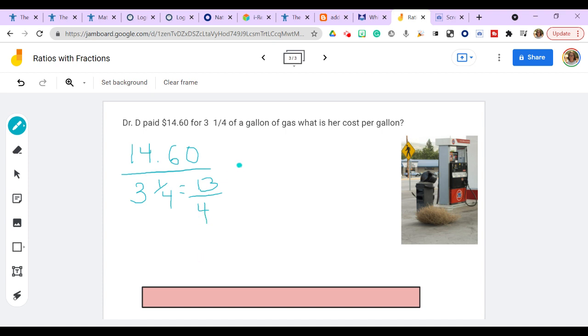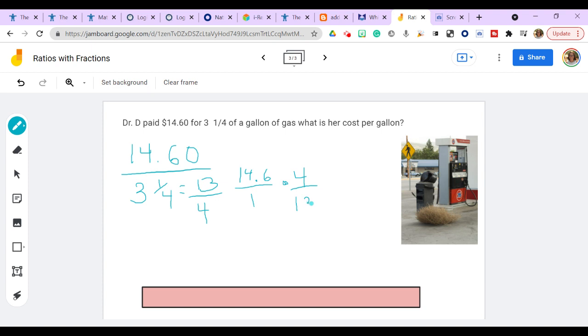And now I'm going to start dividing. 14.60 over 1, times the reciprocal of 13 over 4, which is 4 over 13.